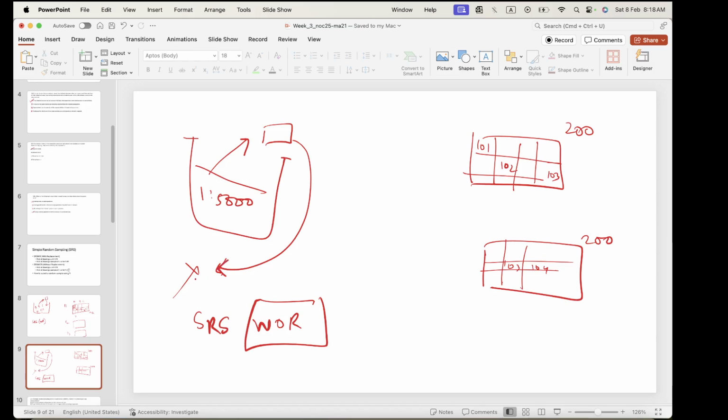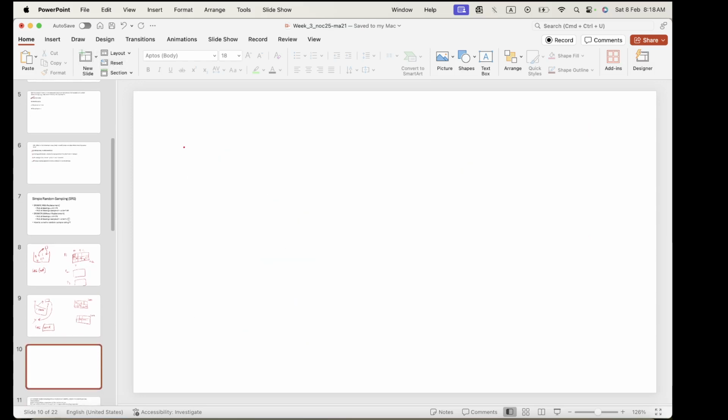Okay, so in any of these cases, the probability of selecting one unit is actually 1 by capital N. This was also proved in the lectures. But what is simple random sampling?